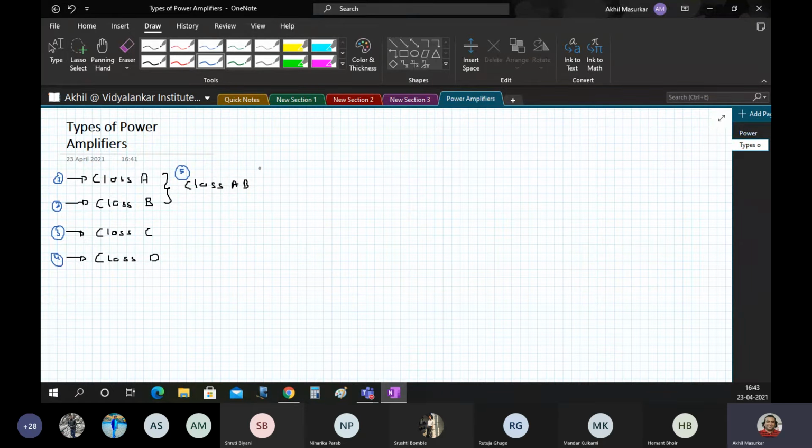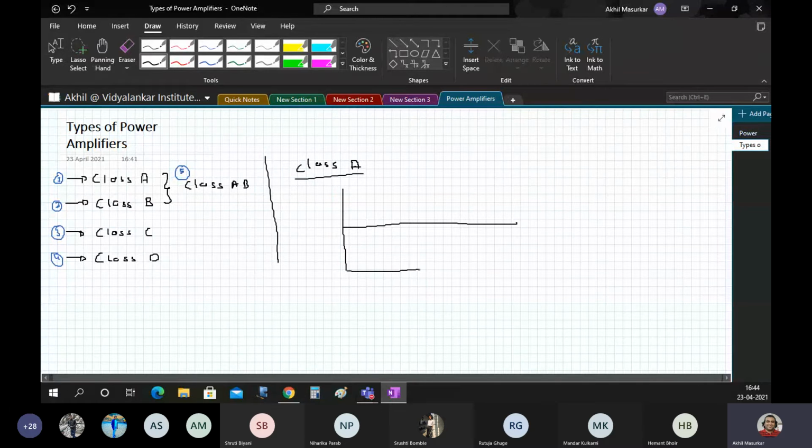Now, as far as class A power amplifier operation is concerned, I'll just write it down here, class A. When it comes to class A, let us say that we have a signal level.